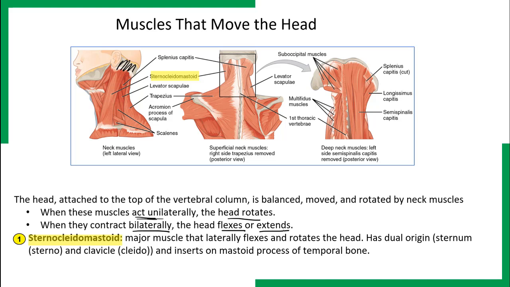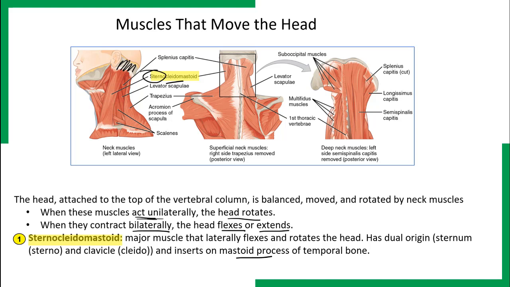upright. The major muscle that you need to know in all this is the sternocleidomastoid muscle. So sterno refers to sternum, your breastbone. Cleido refers to your clavicle, your collarbone, and it inserts into, as it says here, the mastoid process of your temporal bone.